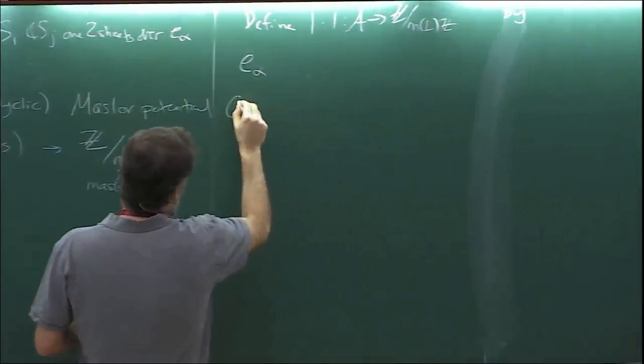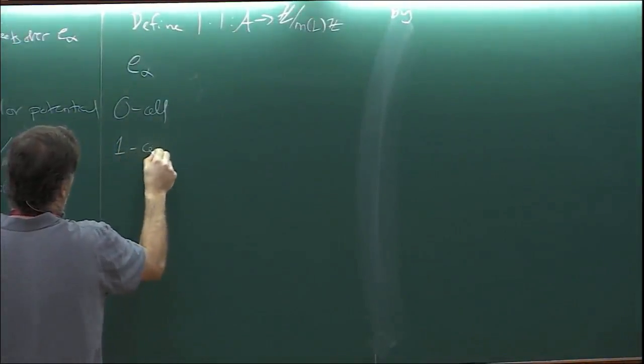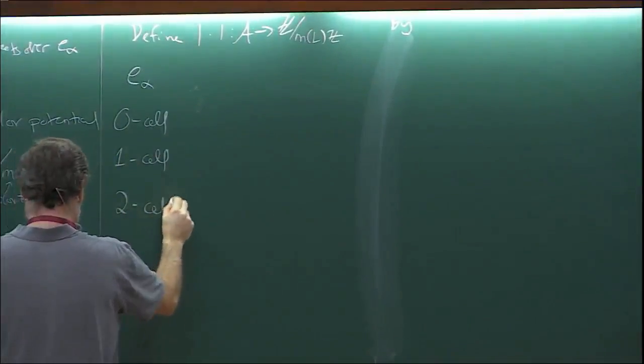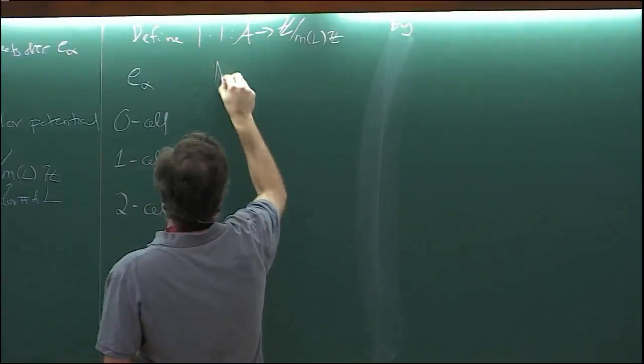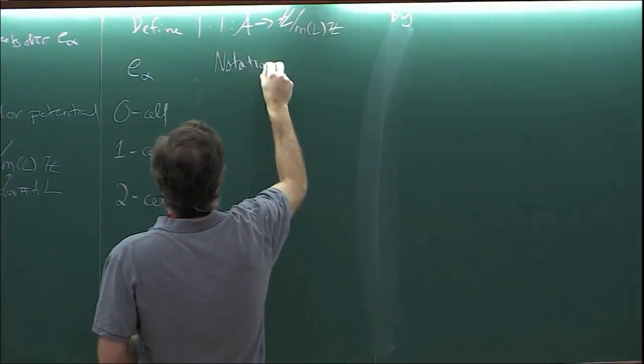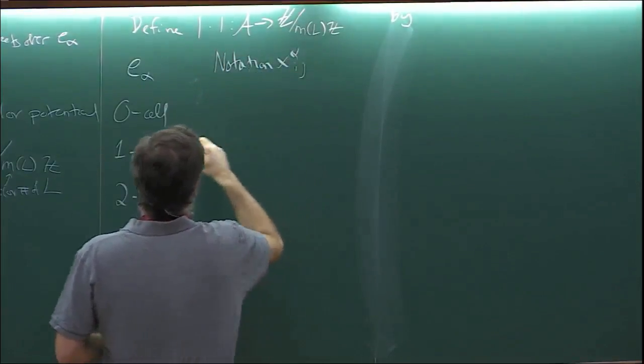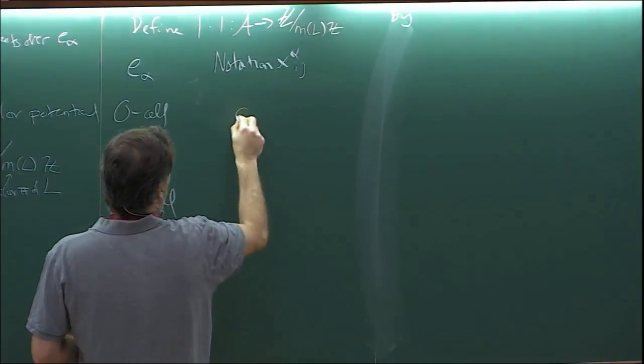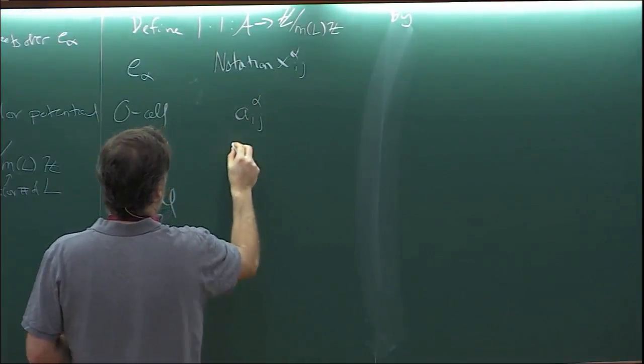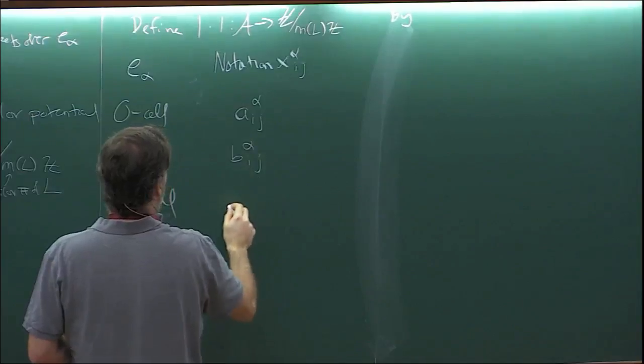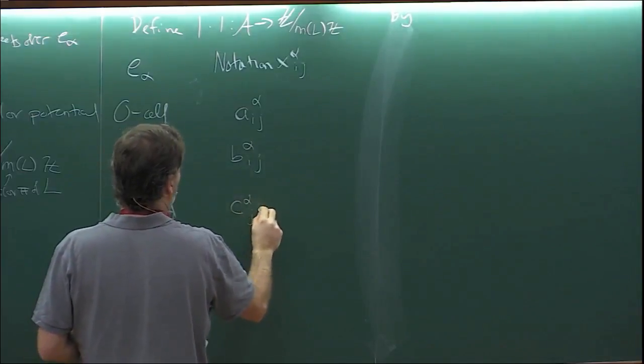E alpha could be a 0 cell, a 1 cell, or a 2 cell. Okay, and so for the notation, rather than X, I'm going to call the generators over a 0 cell A's. Over a 1 cell, I'll denote them by B's. And over a 2 cell, I'll denote them by C's.